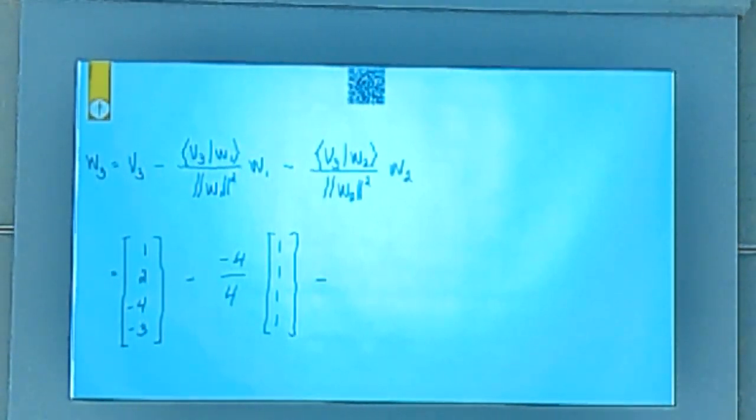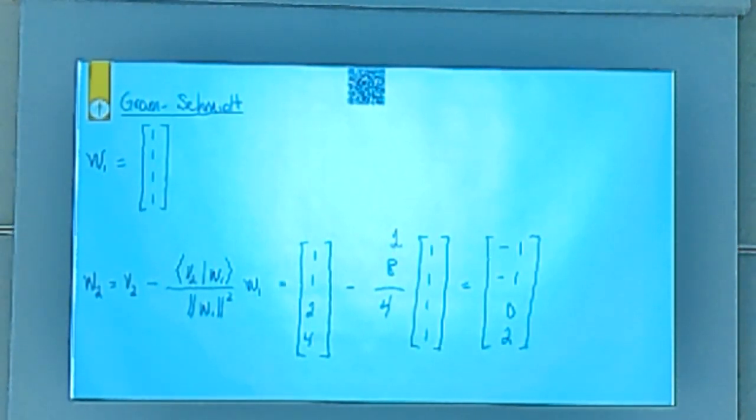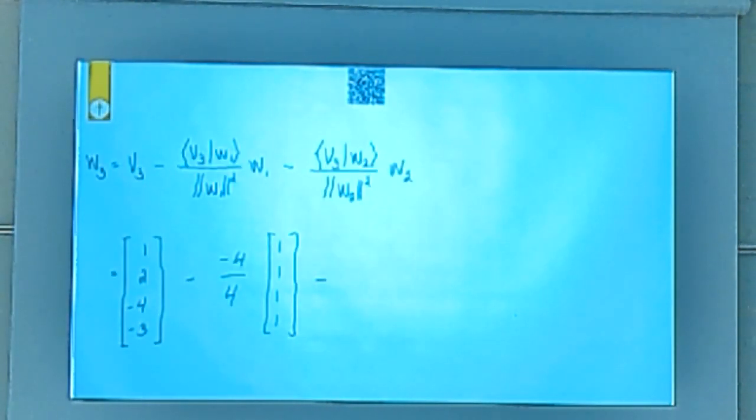Negative 1 times 1 is negative 1. That's negative 3. 0. No, it should be positive 3. Why do I have plus 3 as?